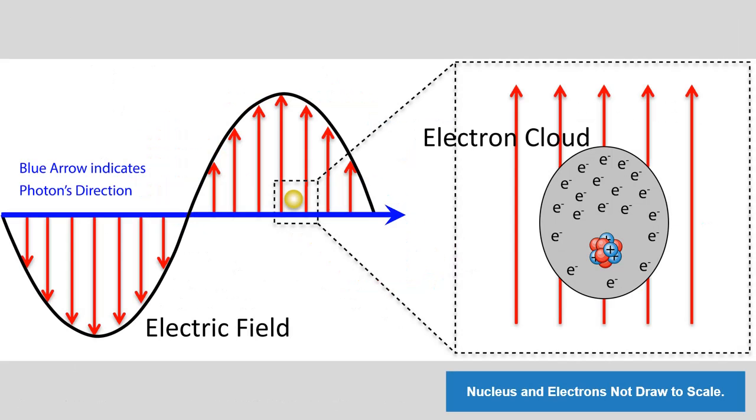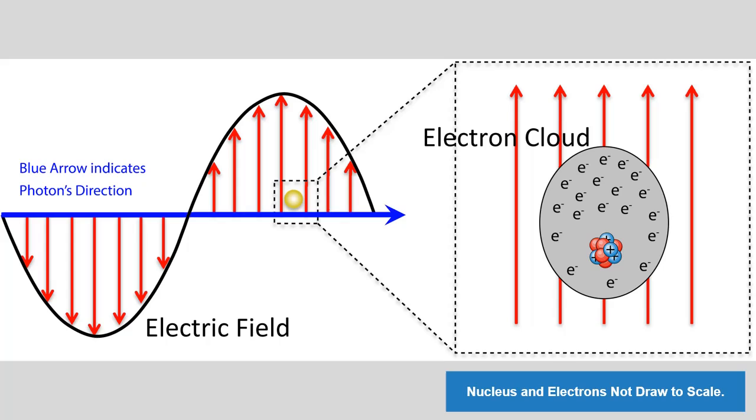Now, in a previous chapter, we learned that whenever a charged particle enters an electric field, it will experience an electric force. Consequently, that charged particle will start to experience an acceleration. So, when a photon interacts with an atom, you have two sets of charged particles. You've got the electrons and you've got the protons. But the proton is 2,000 times more massive than the electron.